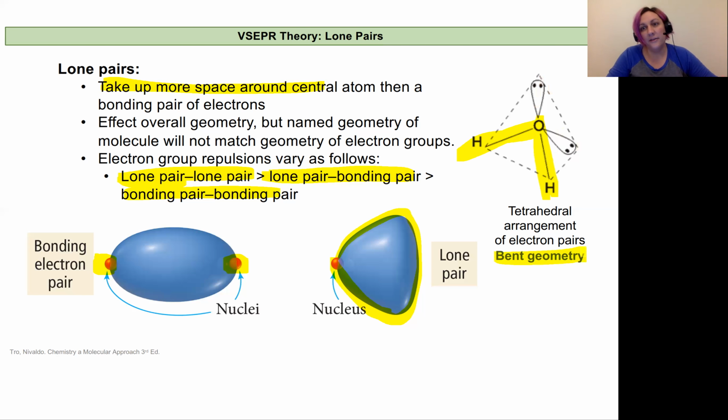And so we call these 4 electron group structures where only 2 of them are atoms, and they're in this arrangement, about 104 to 109 degrees in terms of a bond angle. We give it a bent geometry name rather than tetrahedral. So tetrahedral will only apply when all of the 4 electron groups are atoms. If only 2 of them are atoms, it'll be bent.